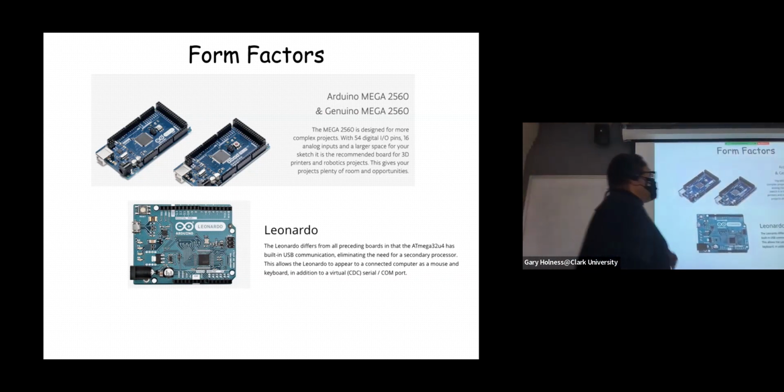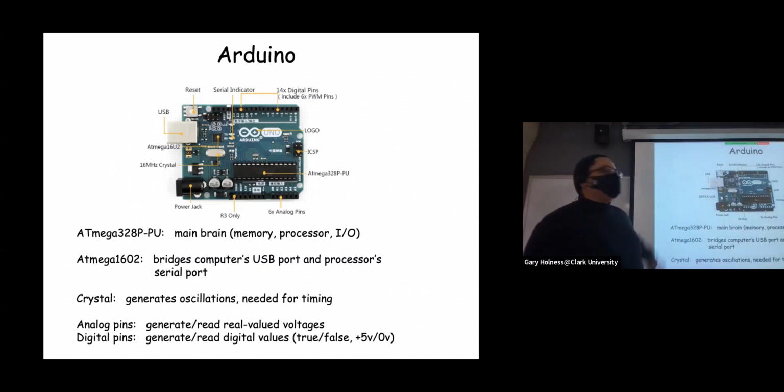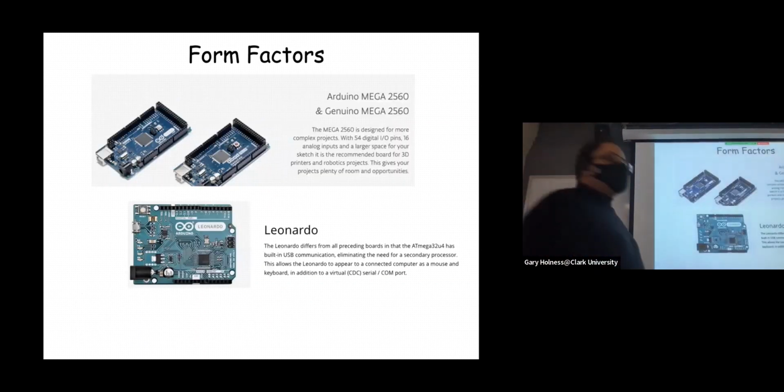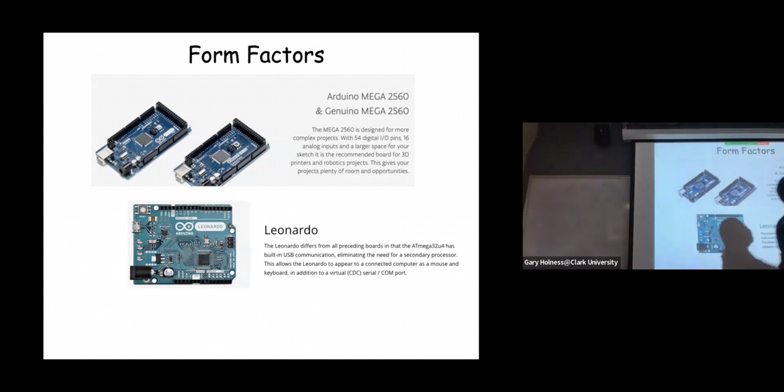Now, that being the case, for something like the Uno revision 3, you're going to run out of I/O pins. And so there are other so-called form factors or versions or variations of the Arduino. In particular, the Mega Arduino platform has a lot more digital and analog I/O on its bus interface. And so here you'll see the Mega and the Genuino have all sorts of neat names for it, with various differences.